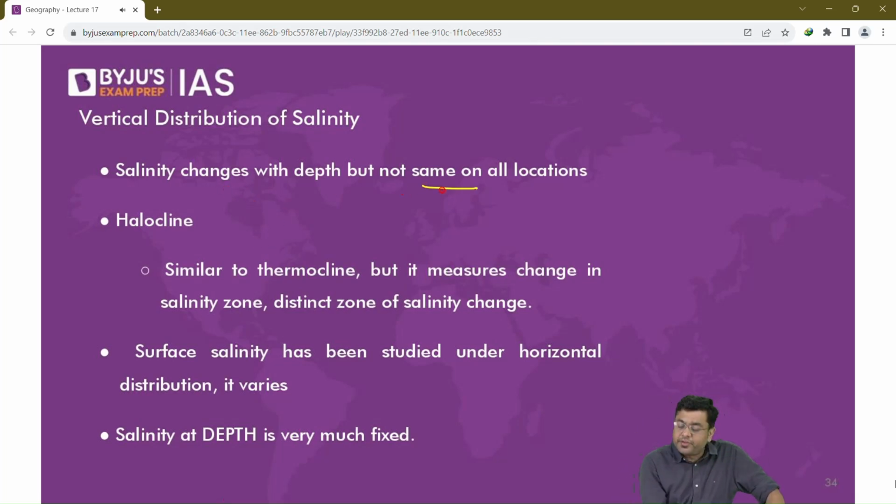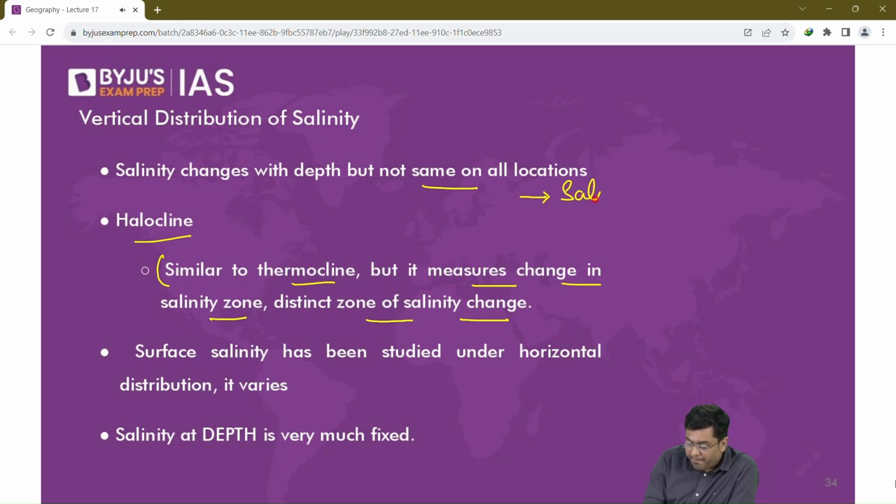So salinity changes with depth, but not the same at all locations. Salinity at the bottom is largely consistent. So halocline is very similar to thermocline, but it measures the change in salinity, a distinct zone of salinity change that is experienced. So here, basically, the salinity at the bottom is consistent.